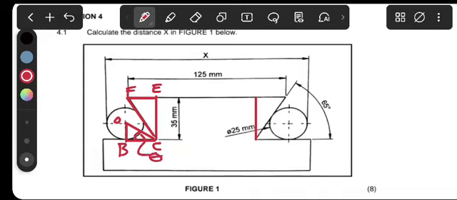Take note, this angle there is theta. Are we together?